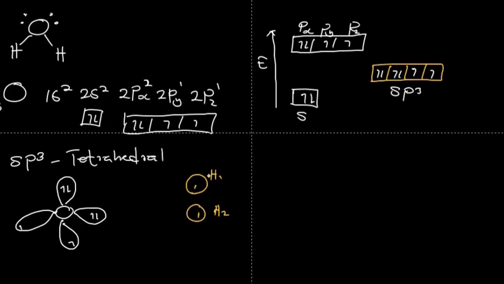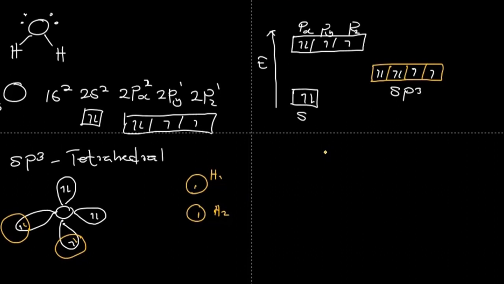So this is an s orbital which is spherical. It's going to combine with the hybrid orbitals of oxygen, contributing its one electron to form the bond.